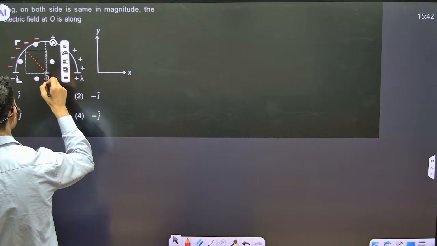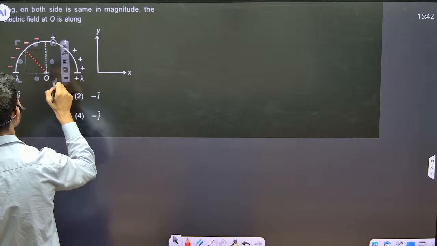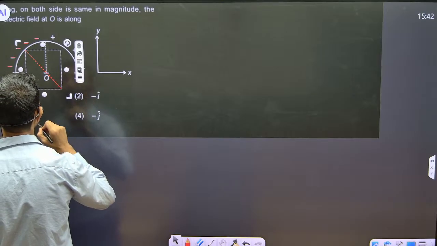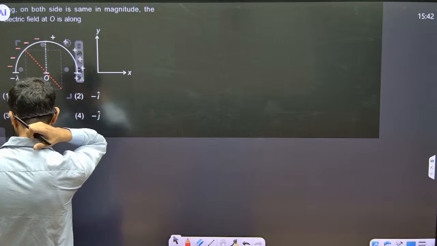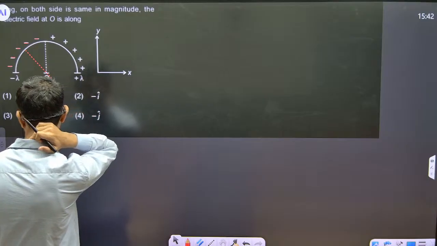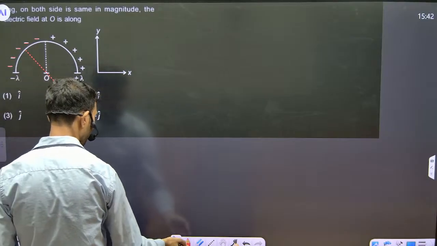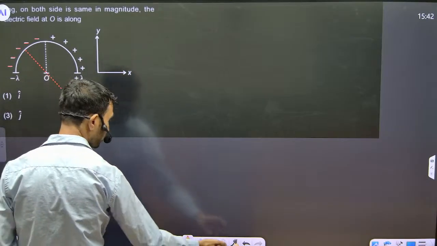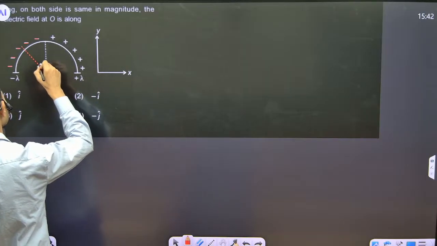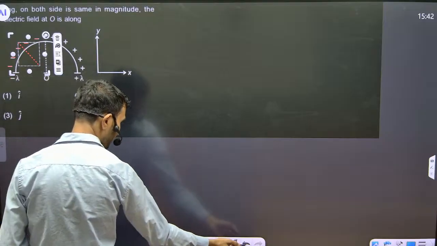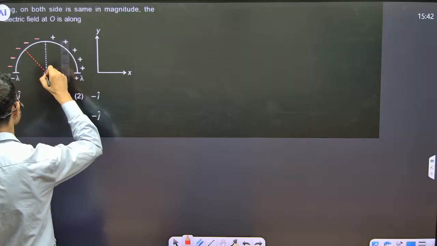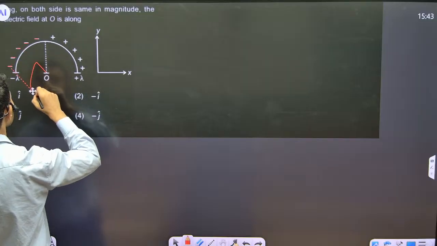I'm not able to select here. Okay. Electric field will be along this line, this direction, right? Since it's a negative charge, the electric field will be towards this, right? What is wrong with this?